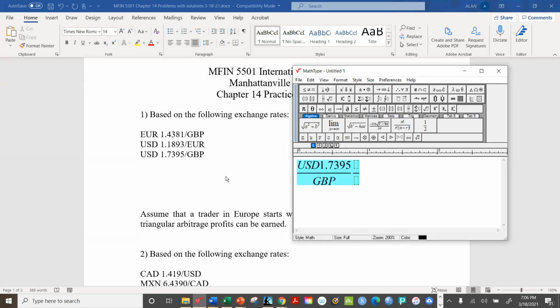Or actually, it might be easier if I do it this way. I'll put the ratio of 1.7395 per pound in the numerator, and in the denominator, I'll have 1.1893 per euro. So what this means then is that you've actually got, let's start with this.